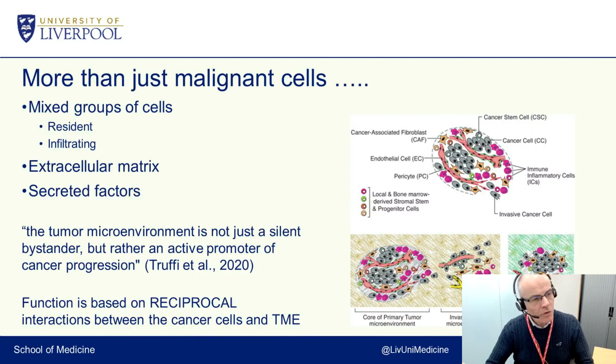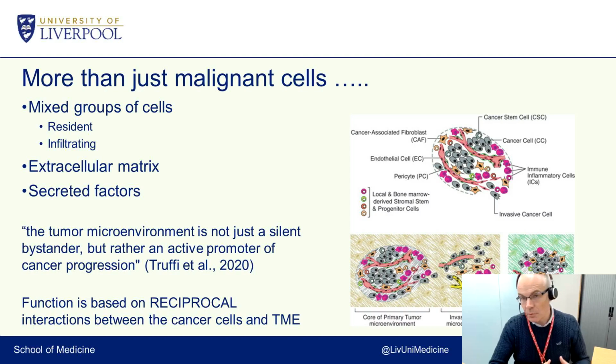And so the overall concept of the tumour microenvironment is that a cancer is not just the malignant cells themselves. There are a whole number of other cells which are involved and are really very important in the development of malignant neoplasia. Some of these components are cellular. Some of them may well have been resident in the area where the tumour has developed.